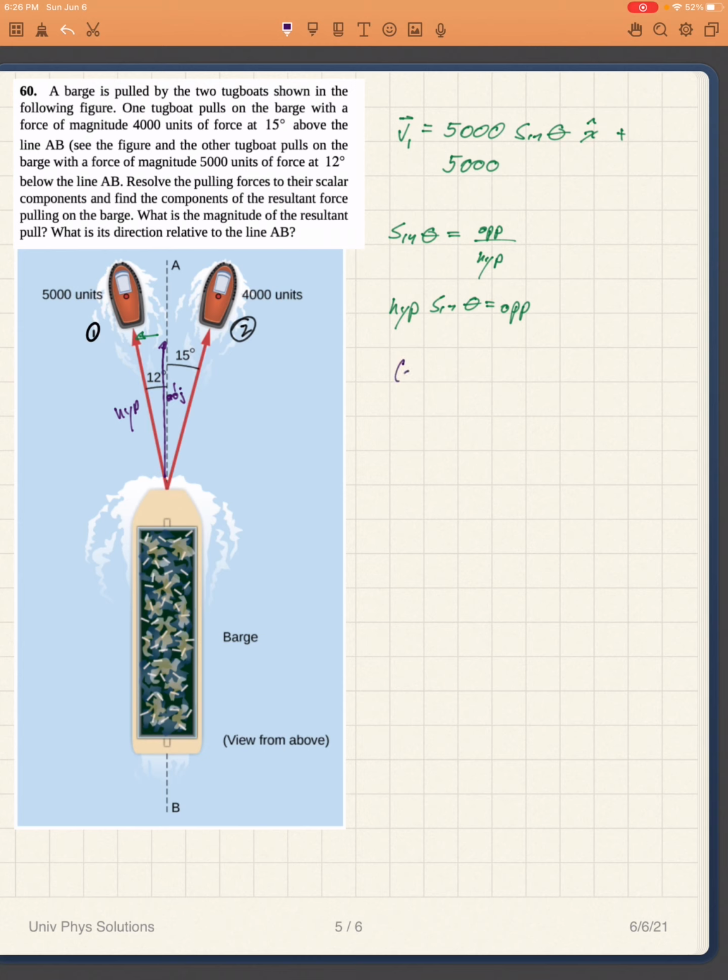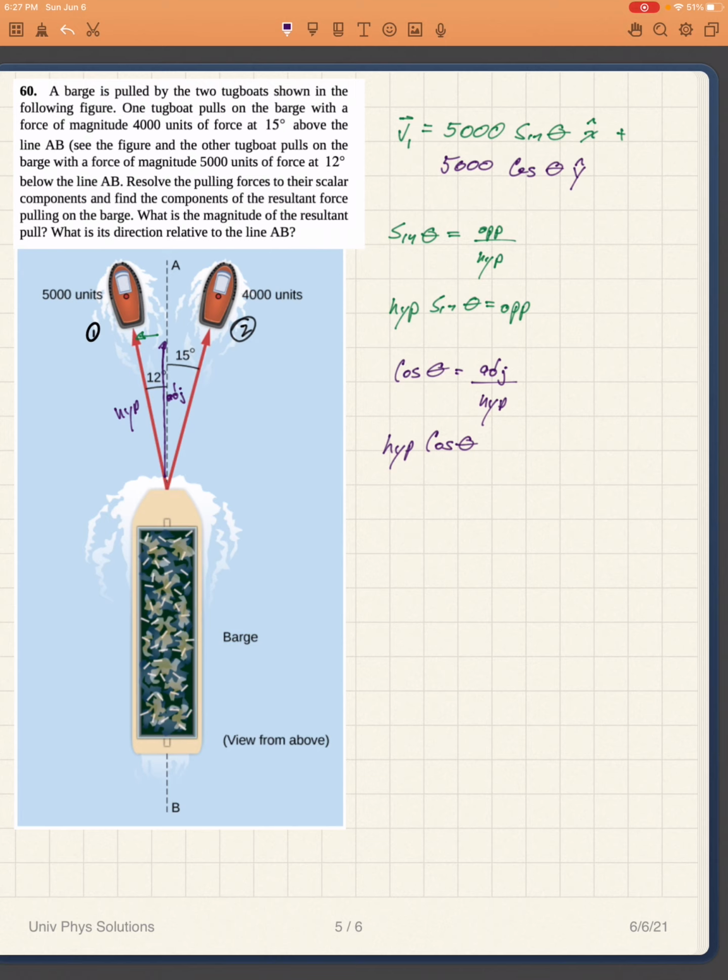So if the cosine of theta is equal to the adjacent side over the hypotenuse, then the adjacent side is simply the hypotenuse times the cosine of theta. So my y component is going to be my hypotenuse, 5,000, times cosine of theta, and thus my y component of vector 1.